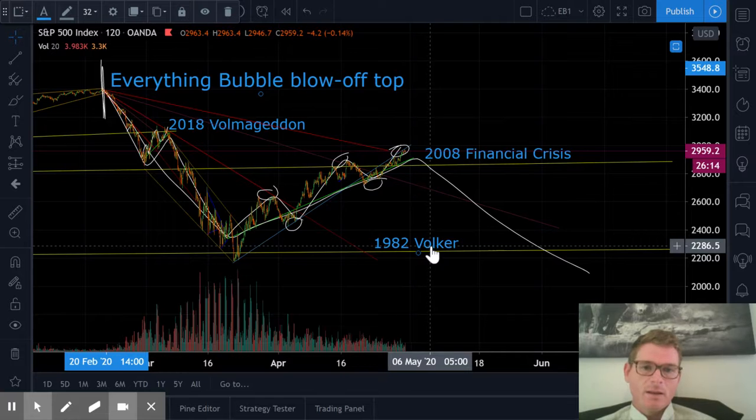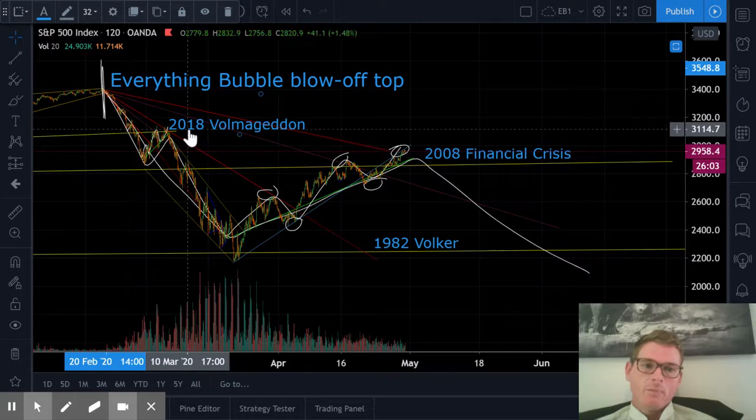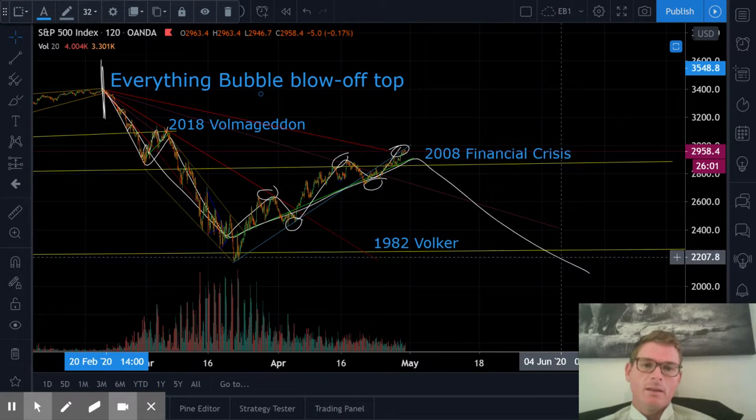And as soon as we get underneath the 1982 and back test it, then we're setting up a long-term bear market, and we can unwind the whole bubble shape, and then the outlook for a bear market over, who knows, 2 years to 20 years or something like that.